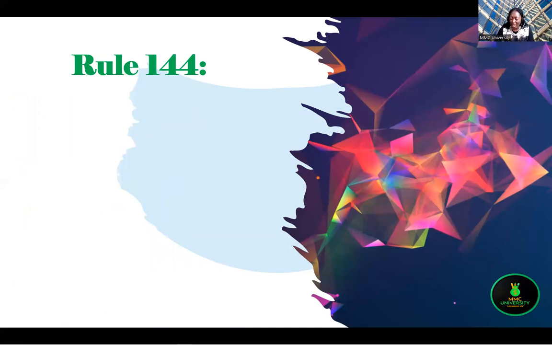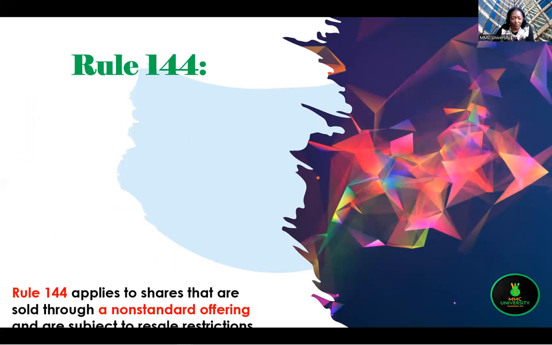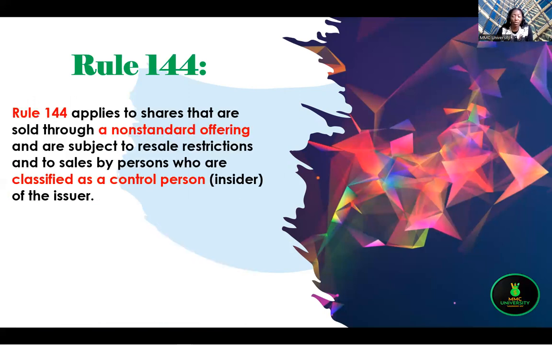So now let's switch gears a little bit. We're going to look at Rule 144 and how it relates to restricted stocks and control stocks. So Rule 144, what is it? It applies to shares that are sold through a non-standard offering and are subject to resale restrictions, and to sales by persons who are classified as a control person, or what we call an insider of the issuer. So what do they mean by a non-standard offering?